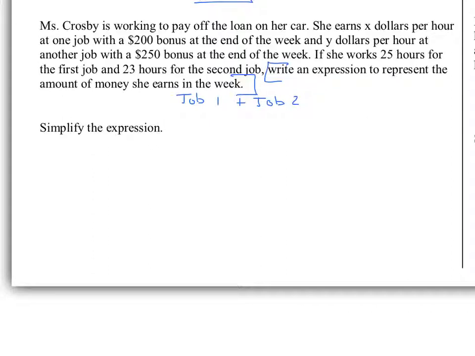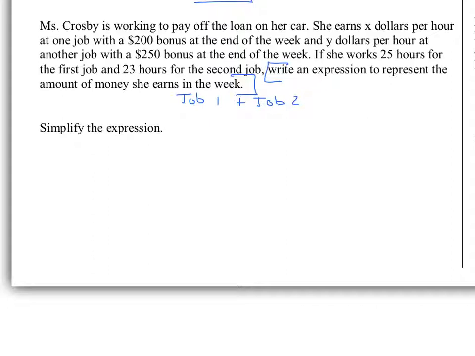Callie. X times H. So you're thinking, tell me what that X times H means to you. Dollars. She earns $6 every hour.